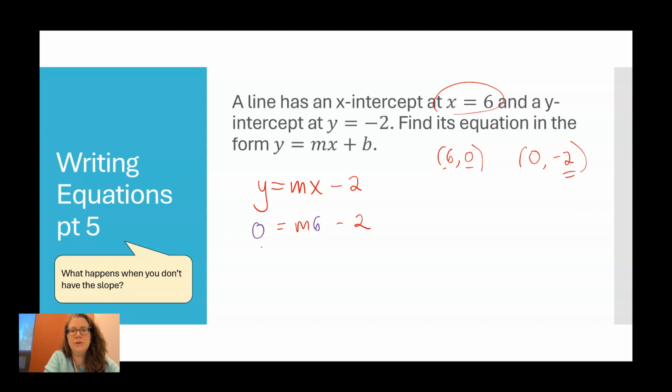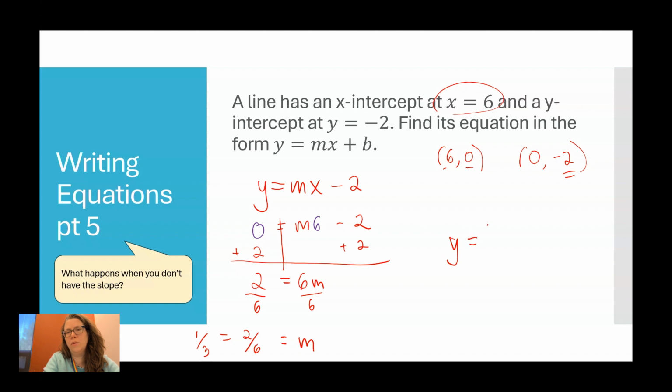So I'm going to add my 2 to both sides. Instead of m6, I'm going to write this 6m. And then I'm going to divide by 6 on both sides, and I have 2/6 or 1/3 is my slope. So my equation is y = 1/3 x, we already knew this part, minus 2.